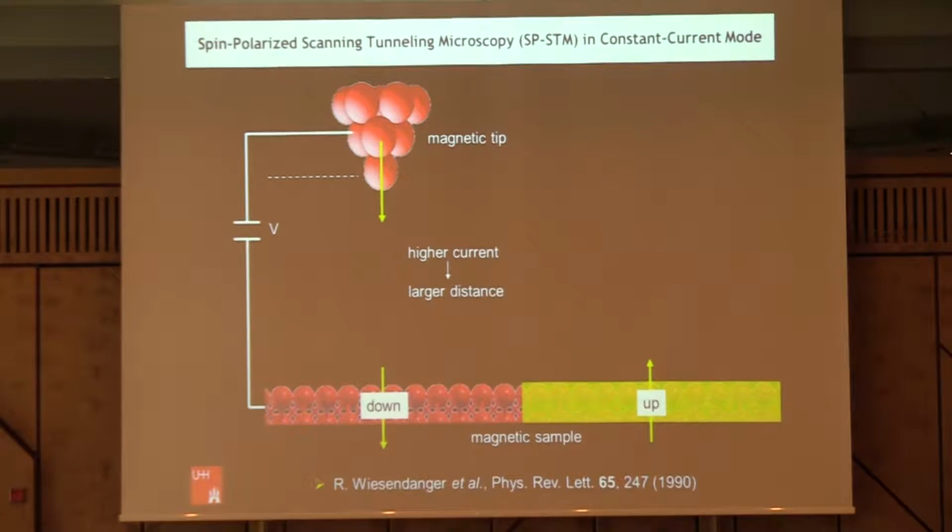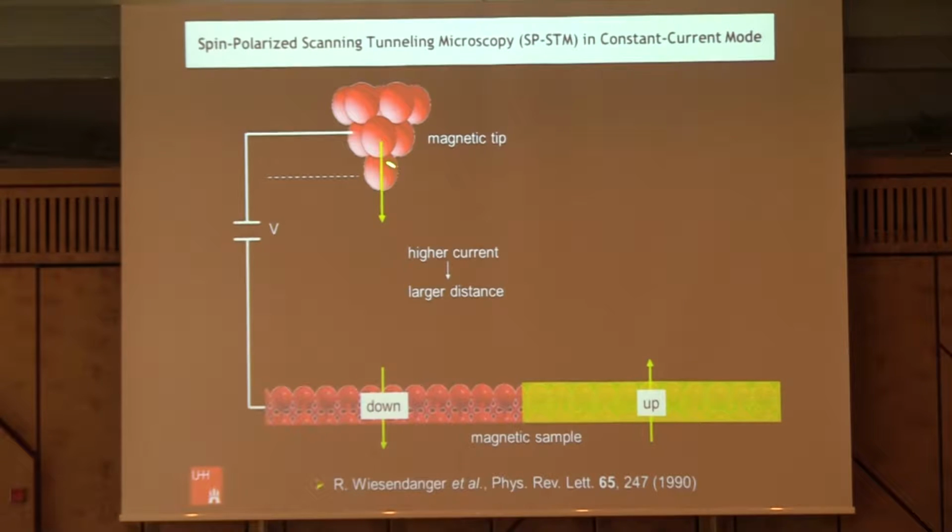The first operation mode, which was introduced 27 years back in time, makes use of the constant current mode. This is the conventional mode of STM operation. The idea was that we can transfer the tunneling magnetoresistance effect into an effect of an apparent topographic height change in an STM.